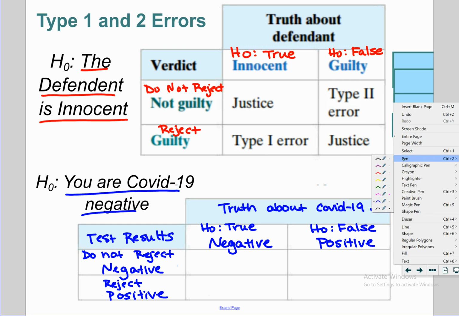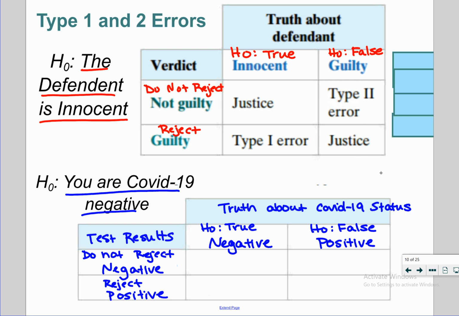All right, so let's decide what this means. If you don't have COVID-19 and the test result shows that you do not have COVID-19, that is correct. Okay, so the test did what it was supposed to do. Or if you have COVID-19 and the test shows you have COVID-19, that is also correct.